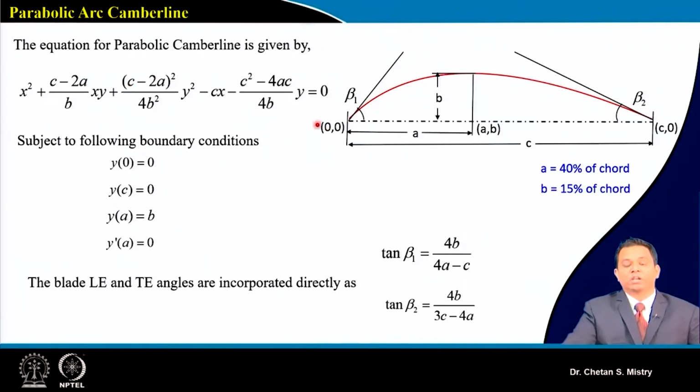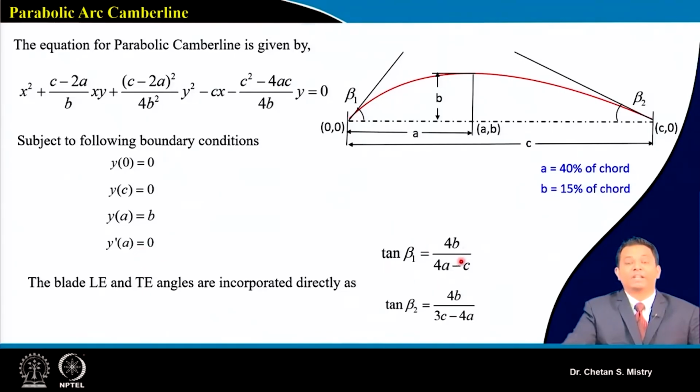Here if you look at this, it says 0 0 place, this is representing point A B, and this is say C 0. So I can say at Y 0 we will be having 0, Y at C that is also 0, Y at A is my B number, and Y dash at A is equal to 0. So if we put these angles into the configuration, we will get this equation.